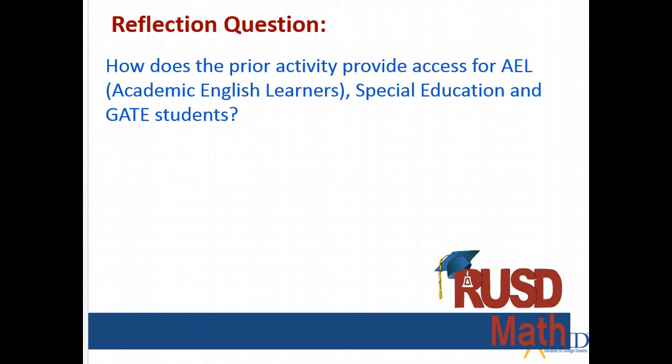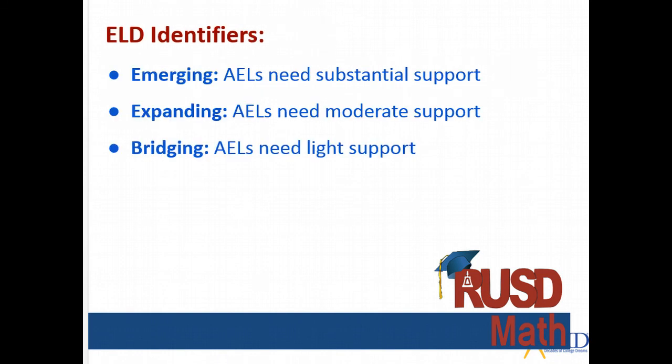Okay, reflection question. How does the prior activity provide access for AEL, special education, and GATE students? Okay, ELD identifiers. Emerging, which would be AELs that need substantial support. Expanding, AELs that need moderate support. And bridging, AELs that only need light support.